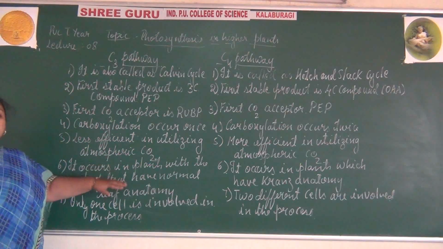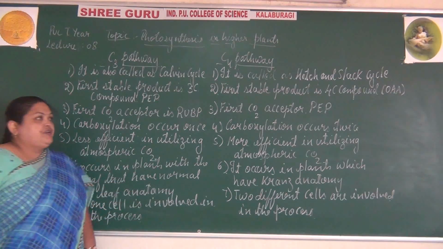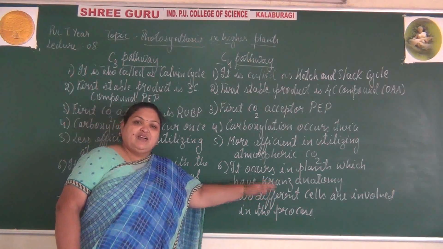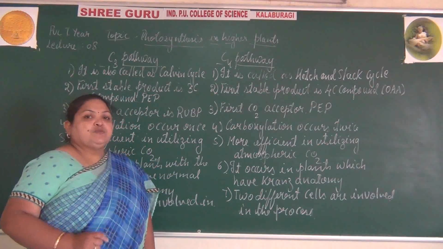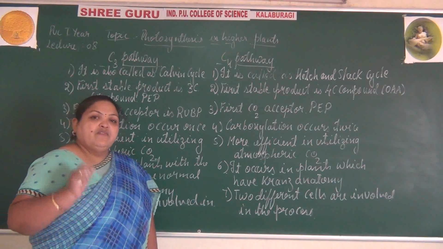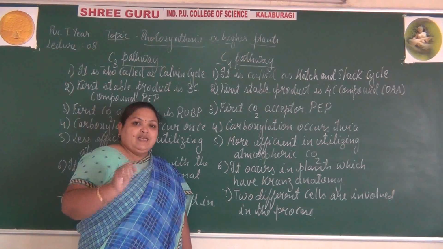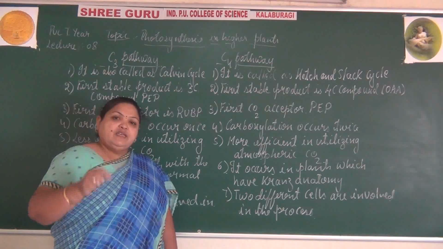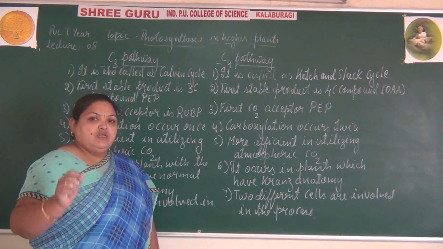C3 occurs in plants which have the normal leaf anatomy, while C4 occurs in plants which have the Kranz anatomy. Already I said what Kranz anatomy is: a special type of anatomy found in some C4 plants, where the vascular bundles are surrounded by large cells called bundle sheath cells as a wreath, and these leaves also have the normal mesophyll cells.